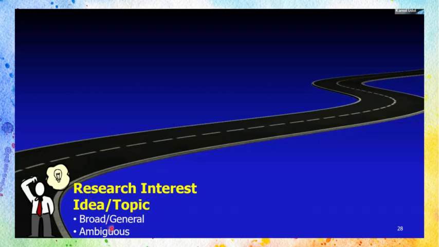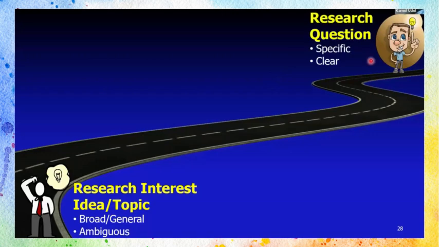And from this beginning, you need to refine, you need to modify your initial interest or initial question into something that you can use as your research question. And for a research question, it has to be specific and it has to be clear.